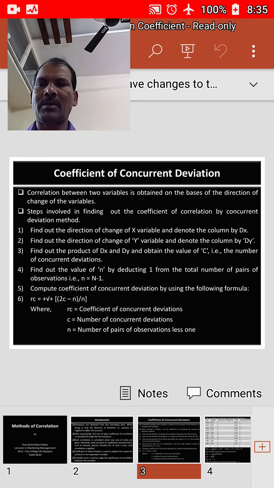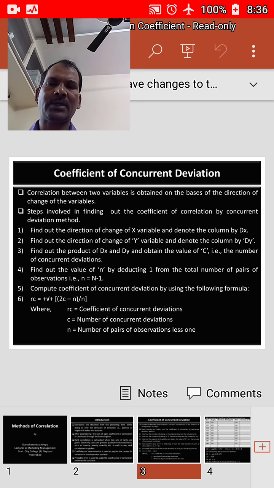In the third step, find out the product of dx and dy and obtain the value of c, that is, the number of concurrent deviations.